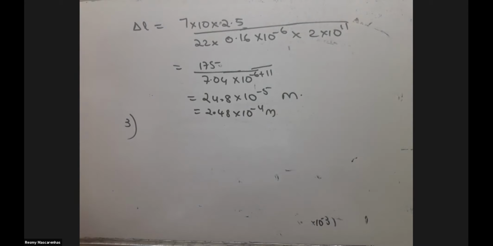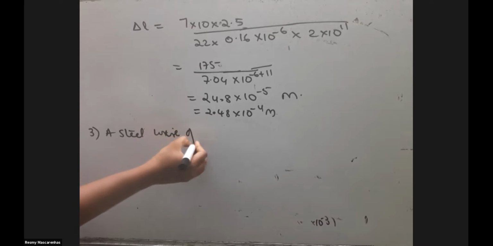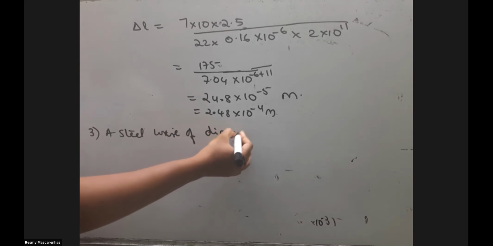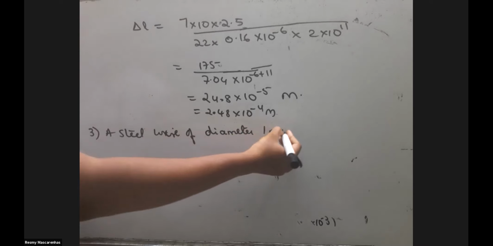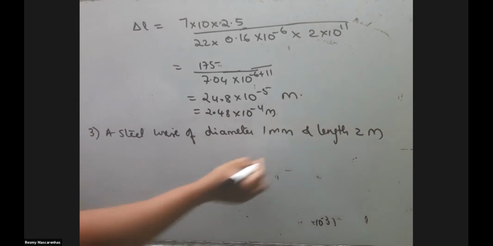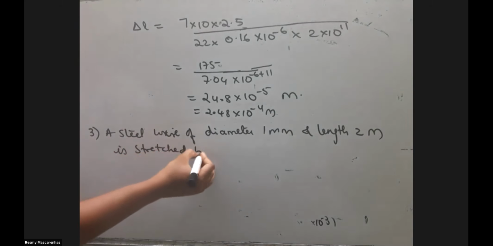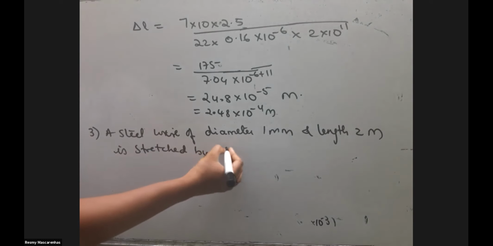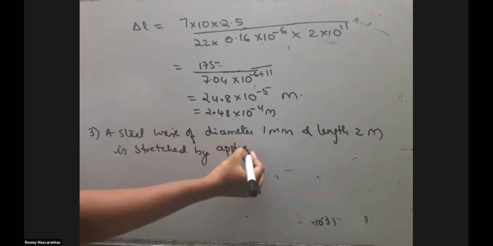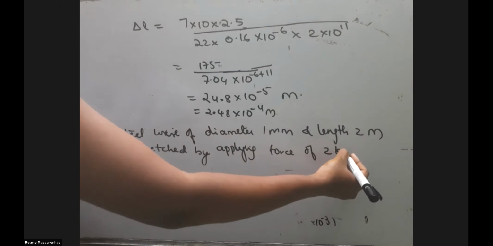Third one, a steel wire of diameter 1 mm and length 2 meter is stretched by applying force of 2 kg weight.